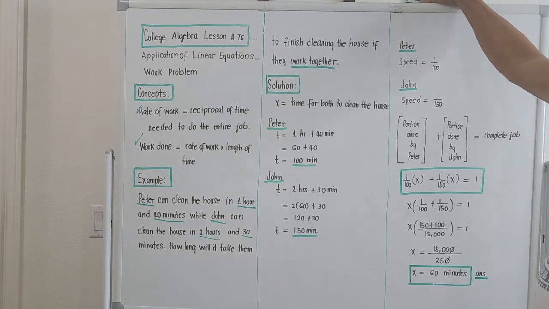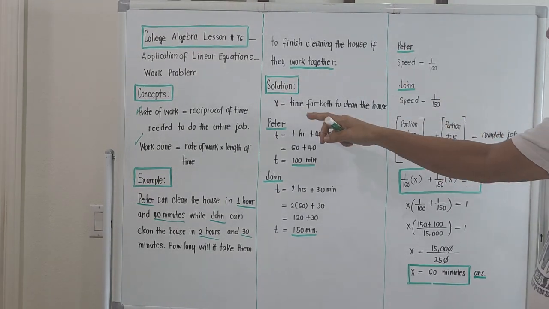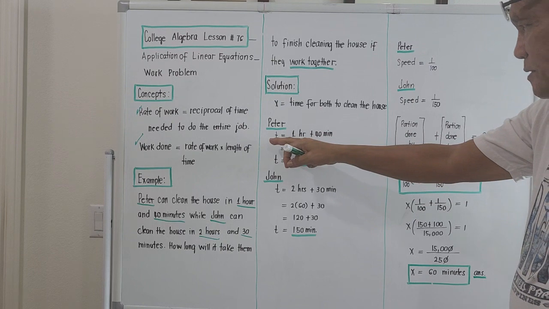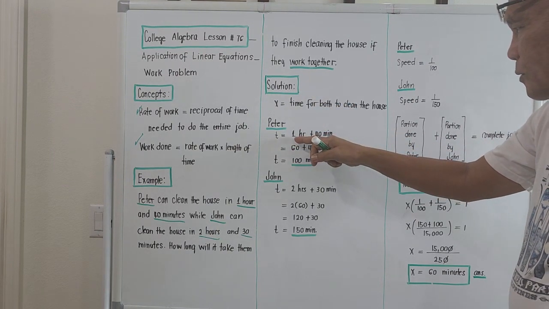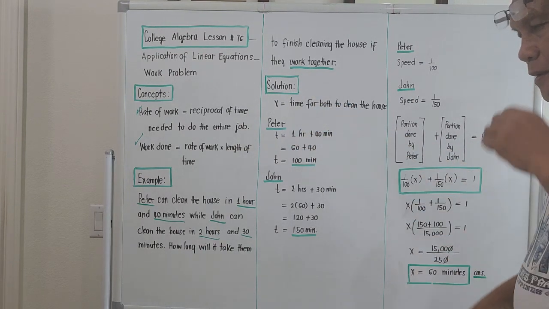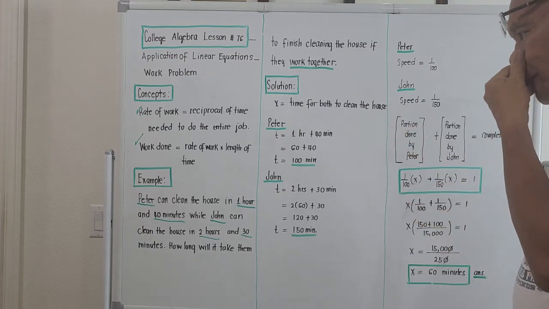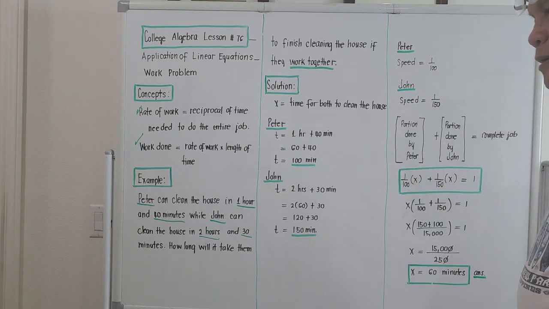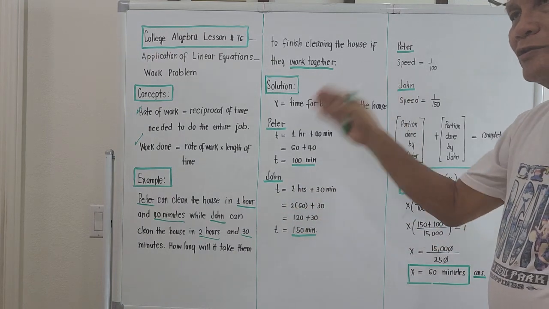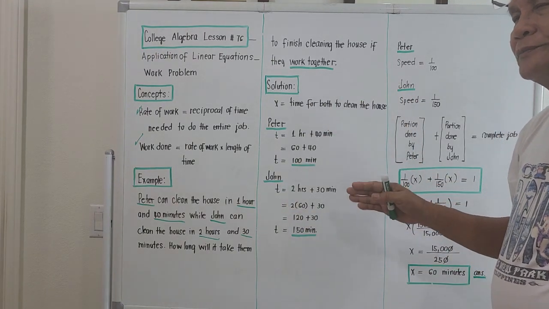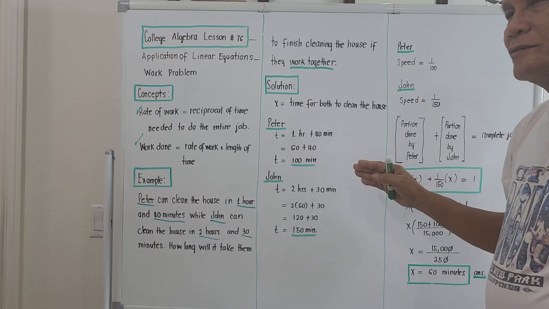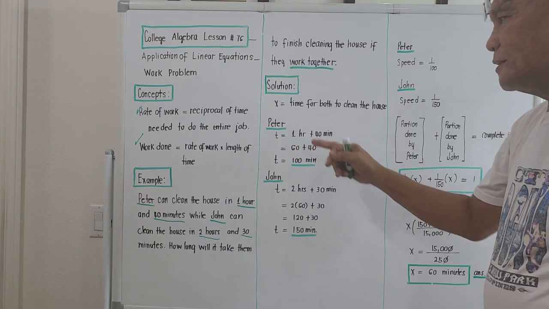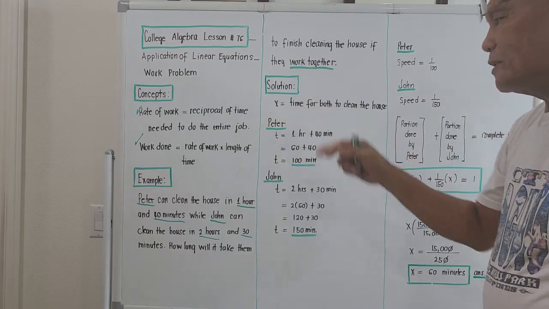Let's try to bring out the data for Peter. For Peter, the time is 1 hour and 40 minutes. Because the given time is in terms of hours and minutes, to simplify calculation we should convert the hours to minutes.